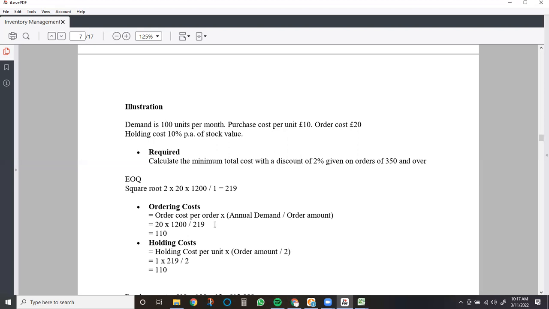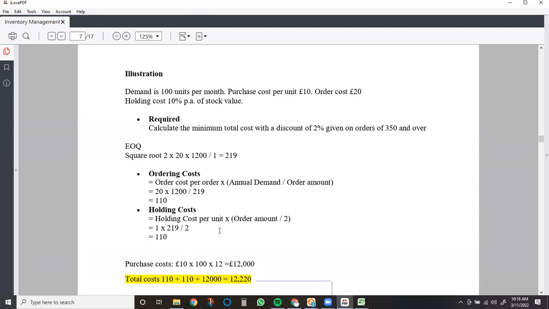Now, when you're doing a question and you see 350 units and over, or a minimum of 400 units and over, whatever, you would have to use some figure to work out your holding costs and whatnot. In that case, you'll use the figure given, like the 350 or the 400, as seen in this illustration.